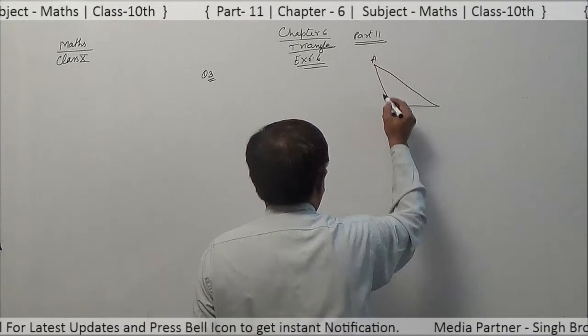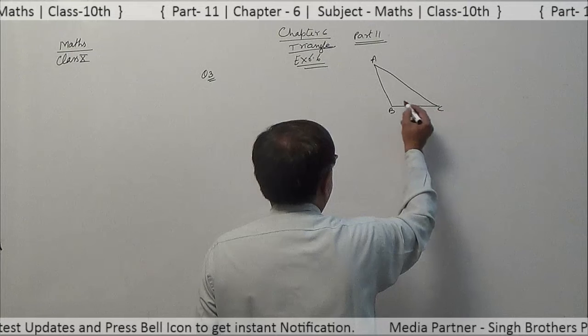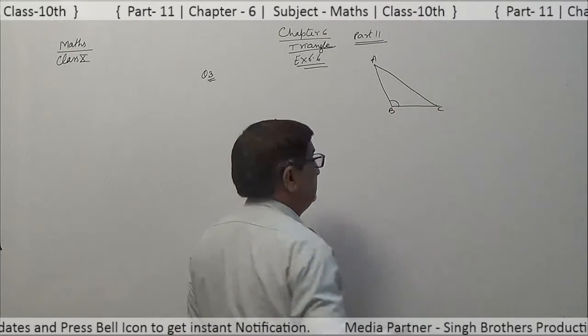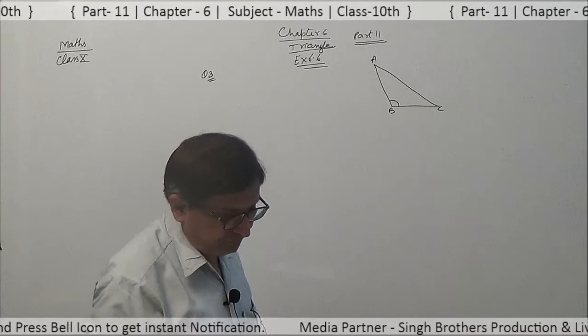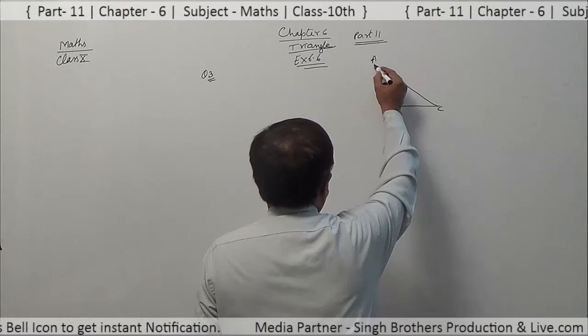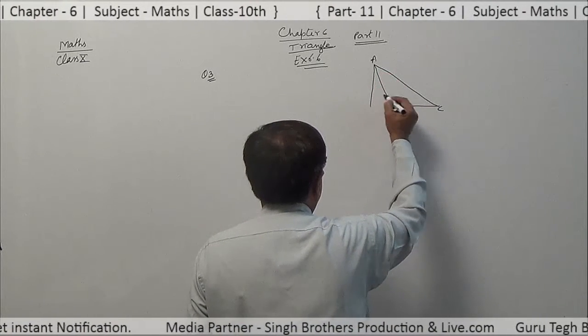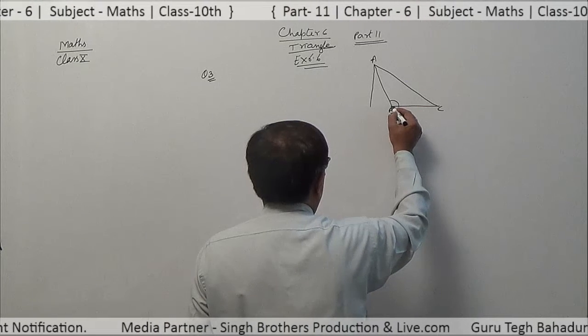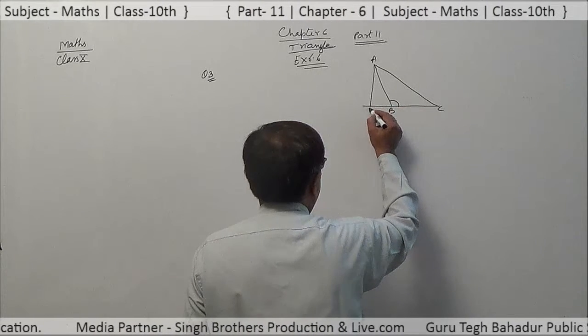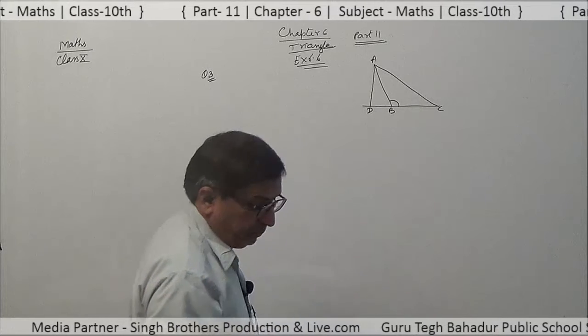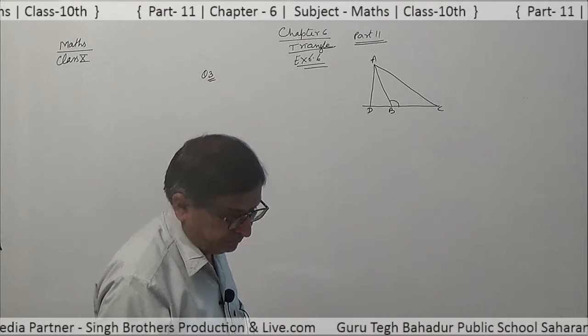This is triangle ABC. This angle is more than 90 degrees. AD is perpendicular to CB produced. This is CB produced. This is the point D which is perpendicular to CB.